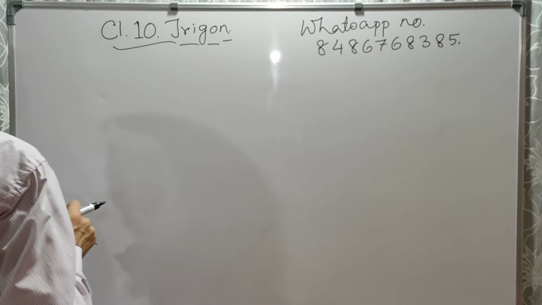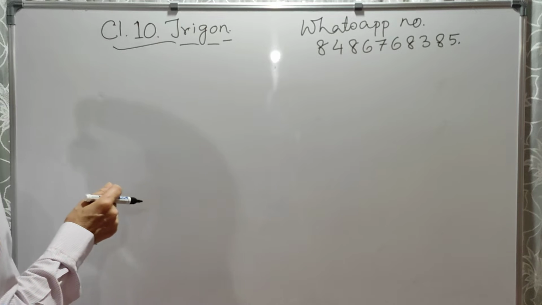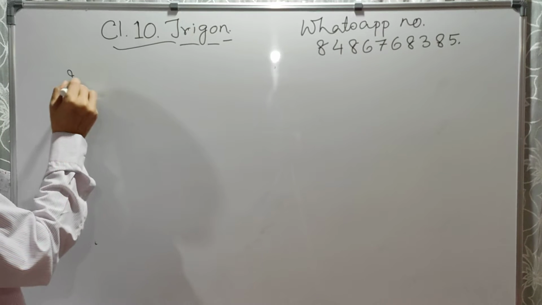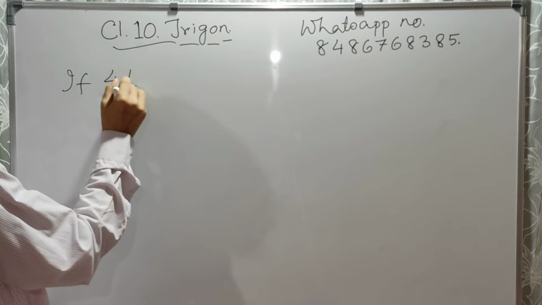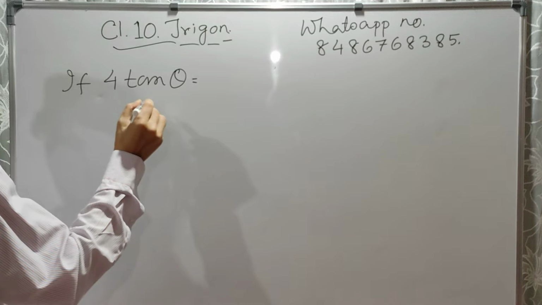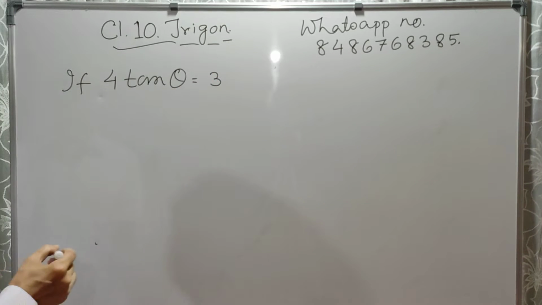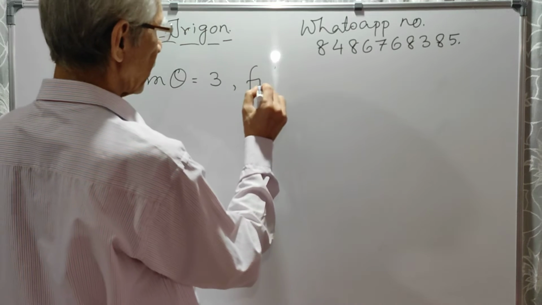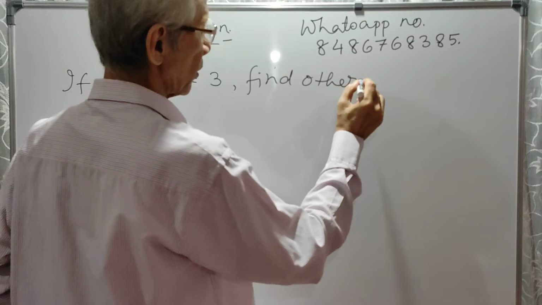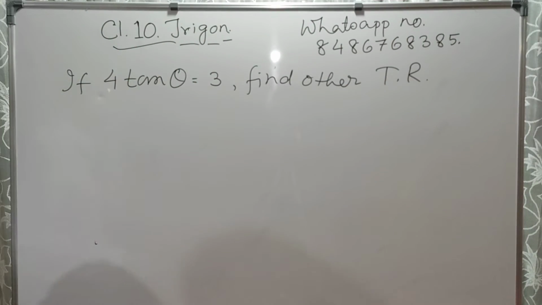Suppose this is given: 4 tan theta equal to 3. Then find the other trigonometric ratios. That is the question.